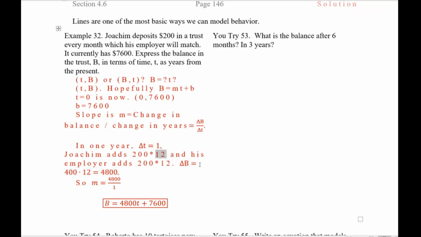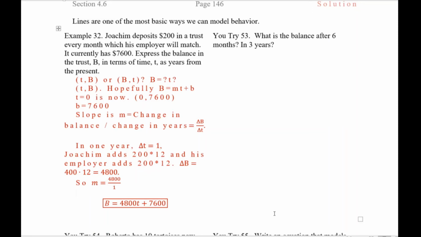Therefore, change in B would be $400 times 12, which would be 4,800. Simplifying this, we get m equals 4,800. Thus, we can model the balance in Joachim's bank account using the formula B, which is the balance, equals 4,800 times t plus 7,600.